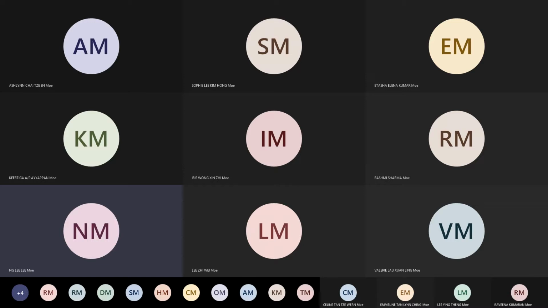And then Siva. Can someone see the list? I can't see the list.